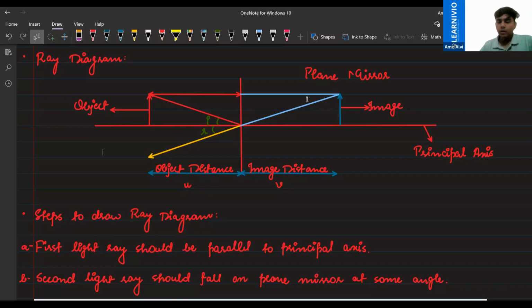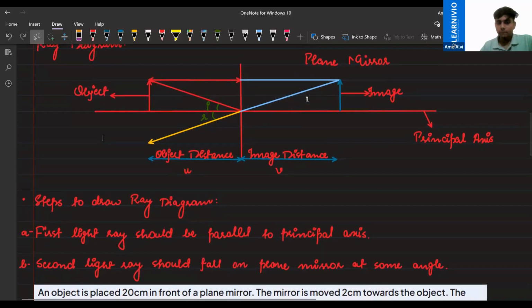Because these two lines are not there in that notes, so that's why. Sir, can you scroll down a bit? Sure.